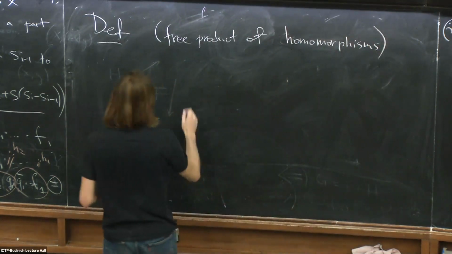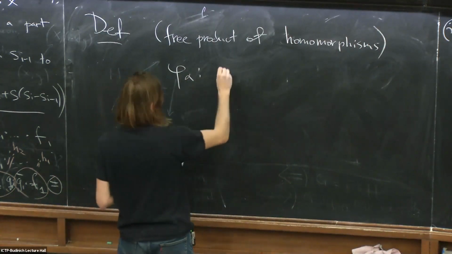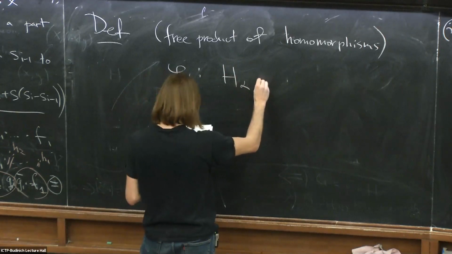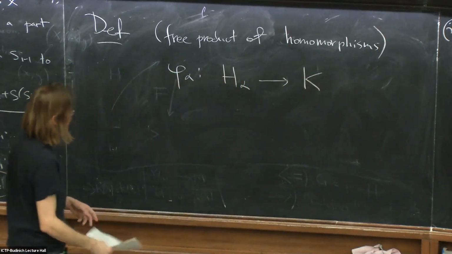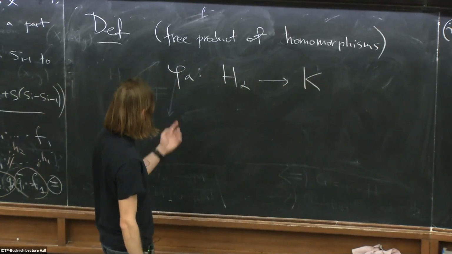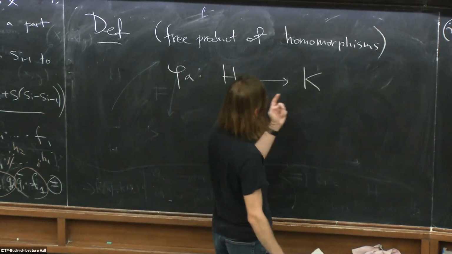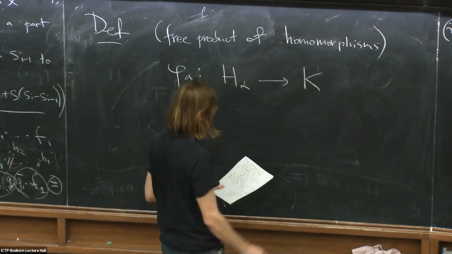Suppose you have homomorphisms phi_alpha from H_alpha to some group K. So we have a family of groups H_alpha as before, and for each of them a group homomorphism to another group K.